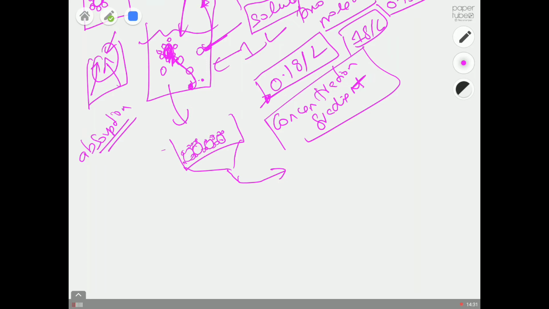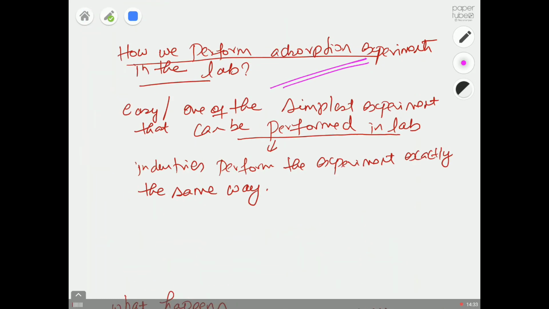Also, I'm going to say how we will perform an adsorption experiment in the lab. Normally it's one of the easiest experiments to perform in the lab. All you need is a conical flask or a small vial, something to stir your solution, and a few analytical instruments to analyze the concentration of your solute in the solution before and after adsorption.